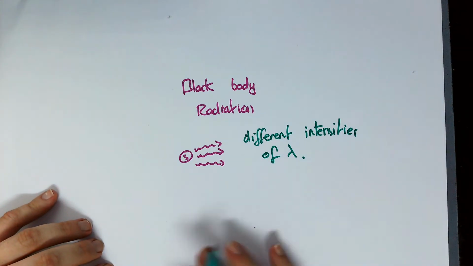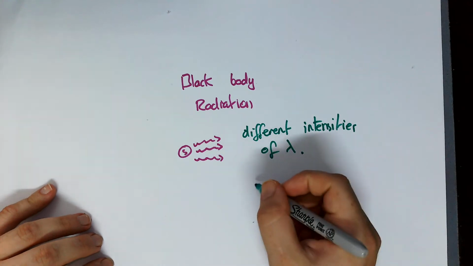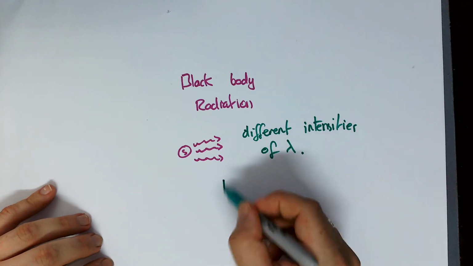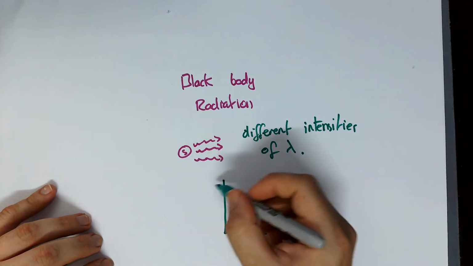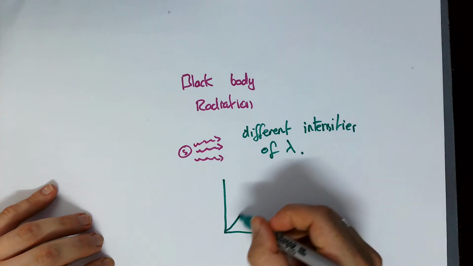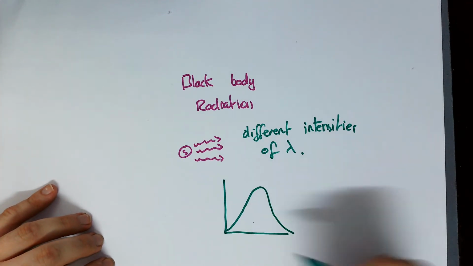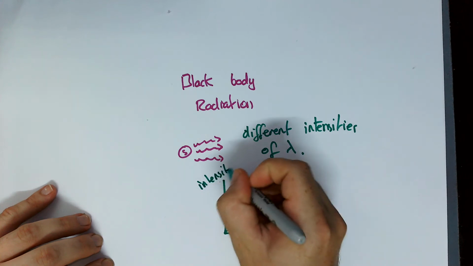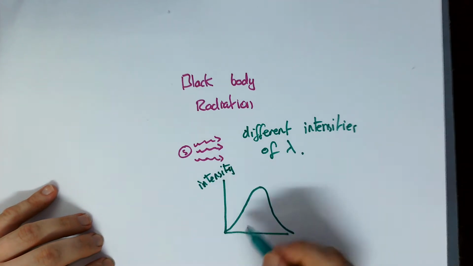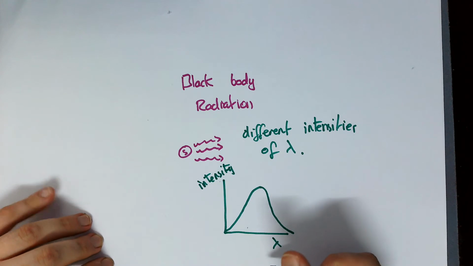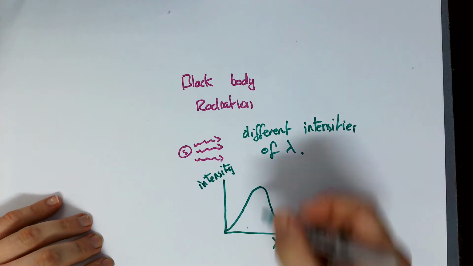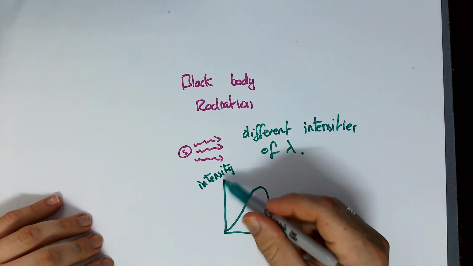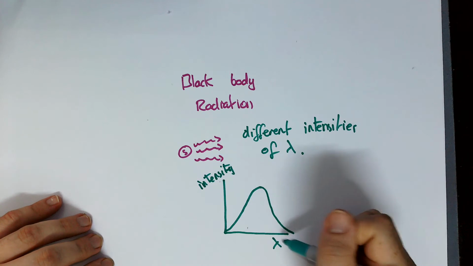Well, what that's going to lead to is that we're going to be able to see that on a graph. Okay, so I'm going to plot a graph here of intensity against lambda. What's this showing us? This is showing us that there are lots of different intensities for different wavelengths.